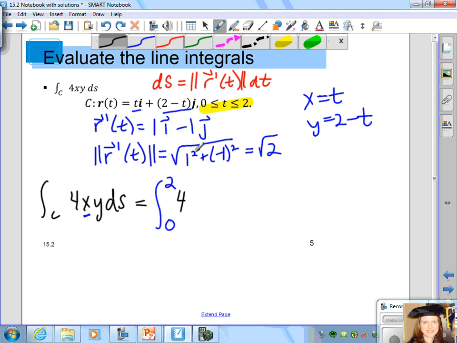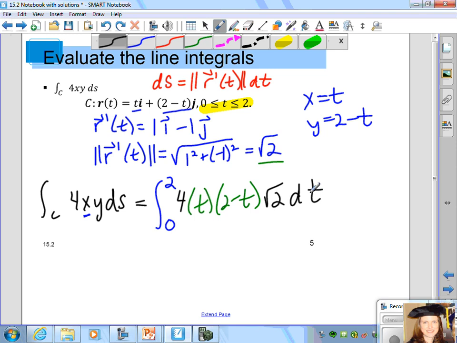So it's going to be 4 times, replacing x with t, and replacing y with 2 minus t, and replacing ds with the magnitude of r prime of t, which we found to be the square root of 2, dt.